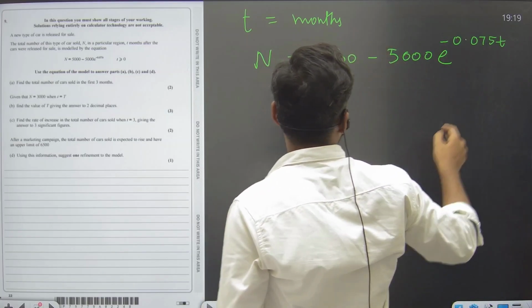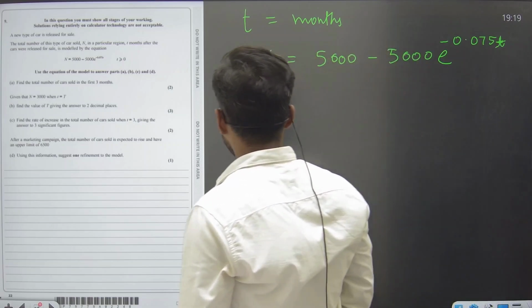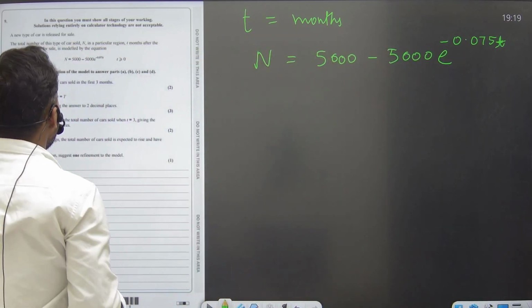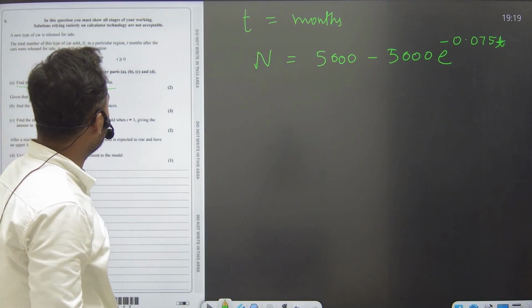Okay, this is the equation for n which they have given. So the first part is very easy. Find the total number of cars sold in the first 3 months.